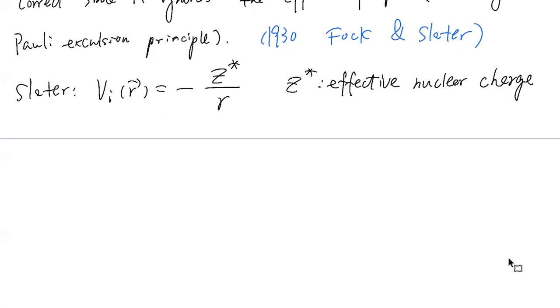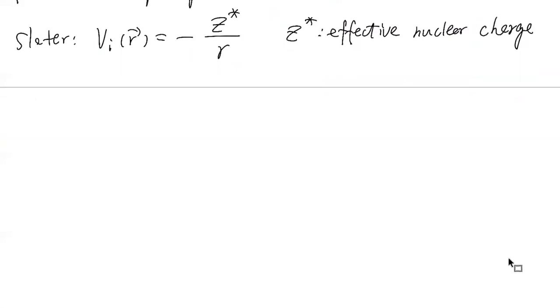The nuclear charge is positive, but because of the existence of another electron, this Coulomb attraction between this electron and the nucleus is somewhat screened by the other electron. So you don't really have two here. You have, say, 1 point something, less than 2. This is the physical picture that Slater introduced. Because this is only of historic importance, we won't talk about the details.